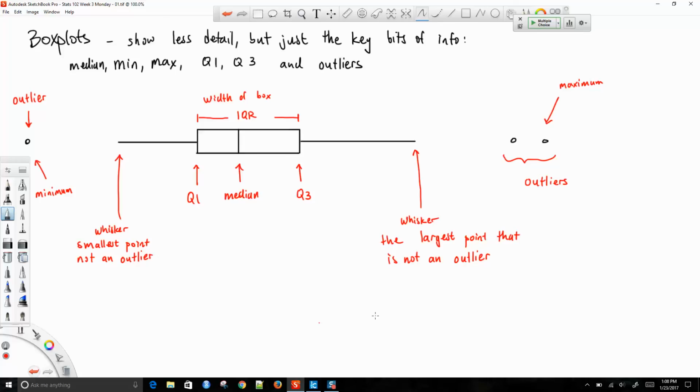Now, if you don't have any outliers, then this could be the minimum. But if you do have outliers, and somebody asks what is the minimum of the data, then you have to say the outlier is the minimum or the outlier is the maximum. But if you don't have outliers, then the whisker goes to the maximum. So if you have no outliers.